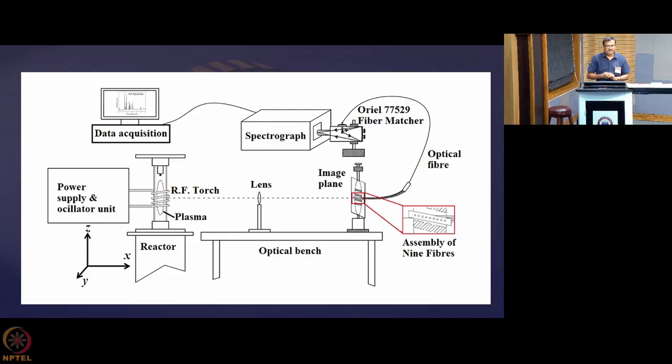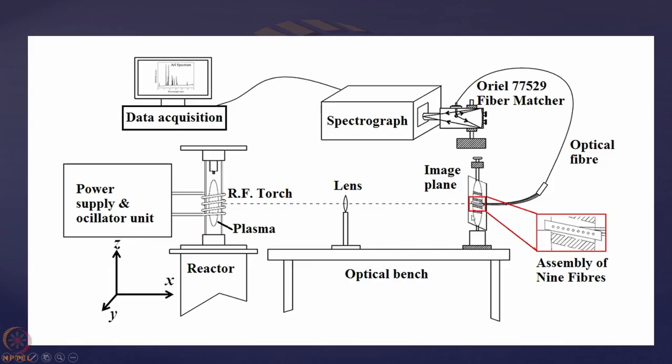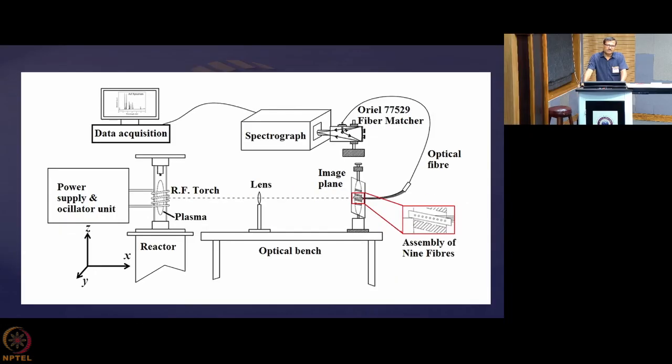Now, the intensity you are collecting at different points from the center: this covers the whole diameter, and all the atoms along the diameter are radiating, so you are collecting the intensity corresponding to all the atoms in the line of sight along the diameter. All of them contribute to the recorded intensity.